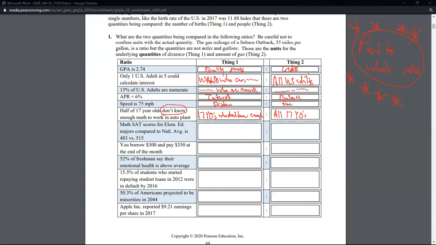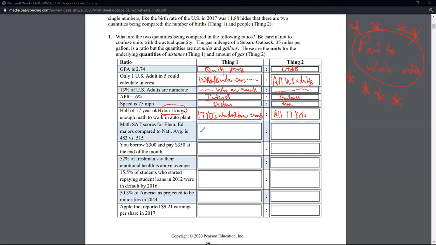All right, the math SAT scores for elementary education majors compared to the national average is 483 versus 515. So we're comparing a specific chunk of SAT scores. What group are we specifically talking about? Elementary education majors. And what are we comparing them to? The national average, meaning everyone, basically, all students.